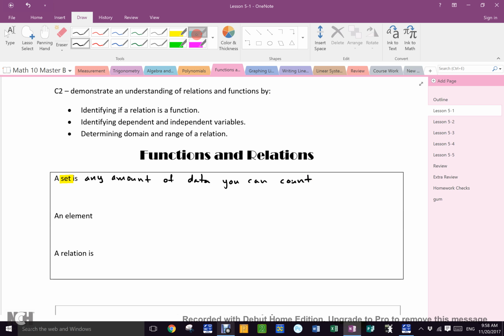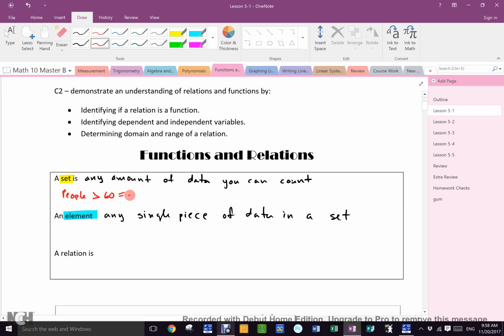Okay. Next word. An element. An element is any single piece of data in a set. So, go back to any of the examples I gave you. Let's use that one. People greater than 60 in the room.